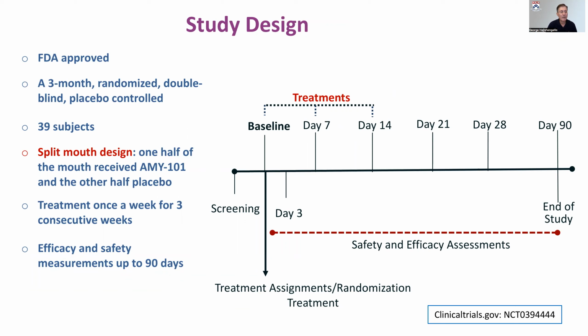One half of the mouth received a local administration of AMY-101, and the other half was treated with a placebo. There were 3 treatments at baseline, day 7 and day 14. And the individuals that participated in the study were monitored until day 90.